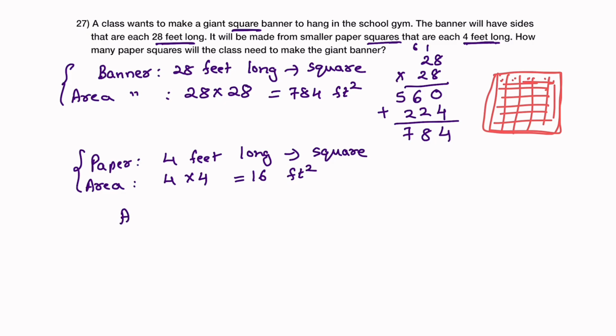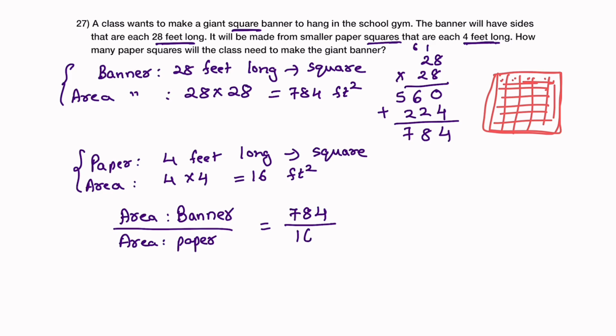So we'll do area of the banner upon area of the paper. That will give us the number of papers that we need. So that's 784, the area of the banner, upon 16, the area of the paper.